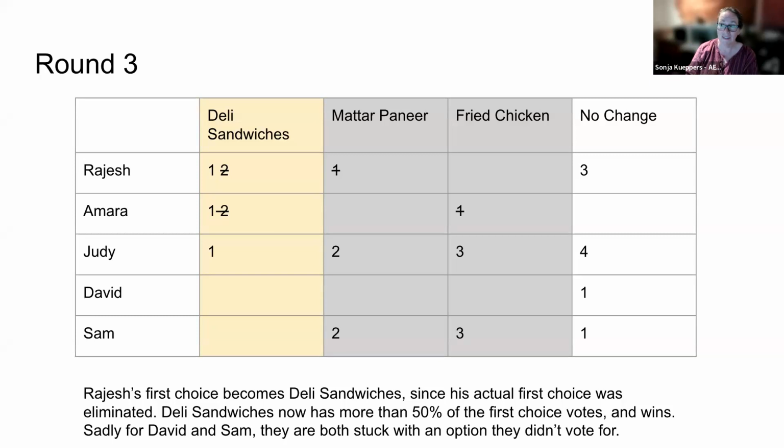Now deli sandwiches has Rajesh, Amara, and Judy's first place vote. So it wins because it has more than 50% of the first place votes. David and Sam are out of luck. Their desire for no change got outvoted by Rajesh, Amara, and Judy, who liked a variety of options, but in the end were able to settle on deli sandwiches.